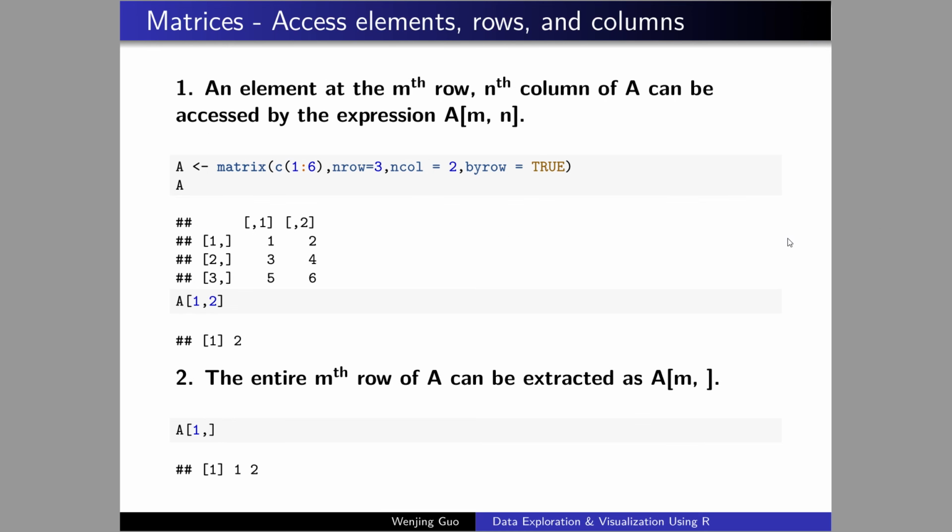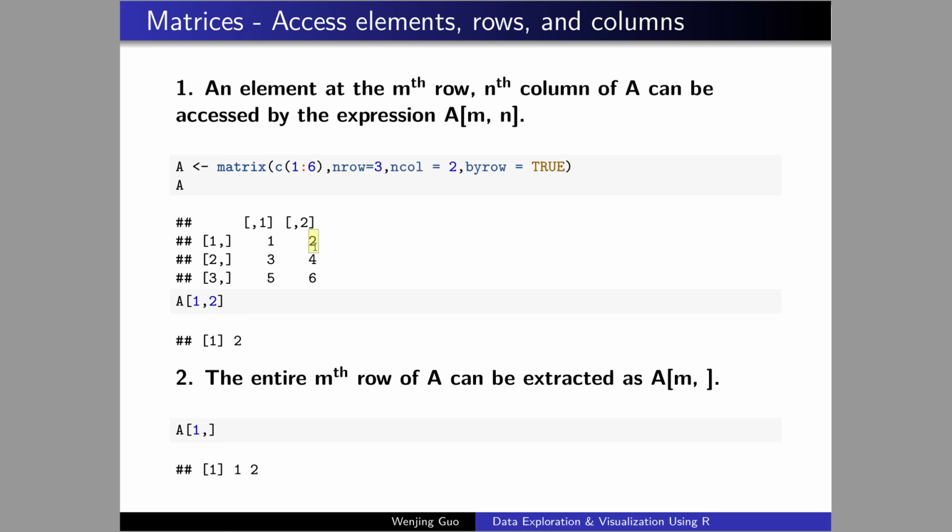Now let's see how to access elements, rows, and columns in a matrix. To access an element at the mth row and nth column of matrix A, we can use A square brackets m, n square brackets. This is the matrix A here. If we would like to extract an element at the first row and the second column, we can use this R command and R returns 2. 2 is from here, the first row, second column.